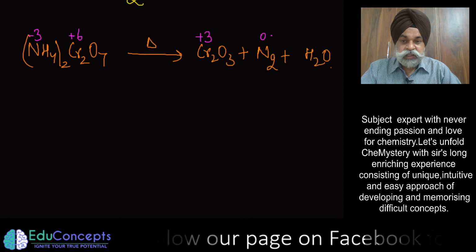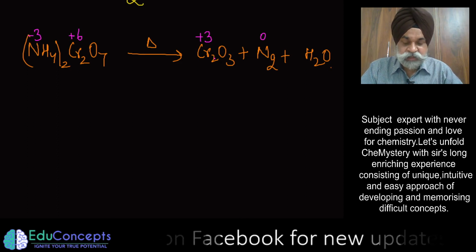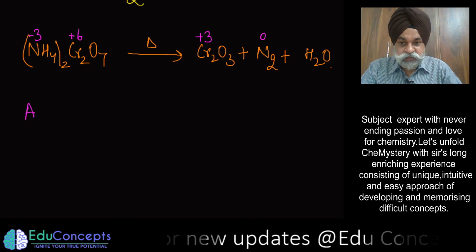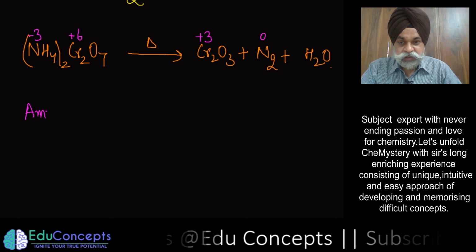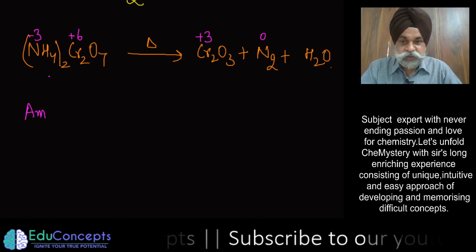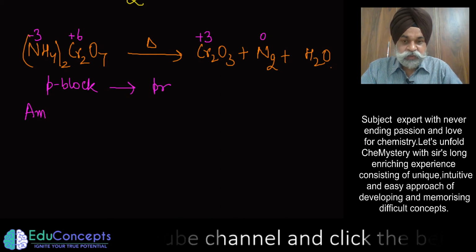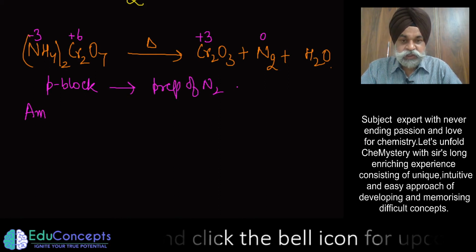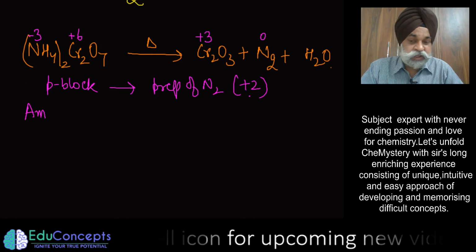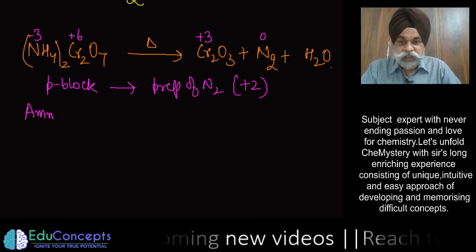This is the case. Now here you have to understand one aspect. This particular topic you would get in the chapter of P block while discussing the preparation of nitrogen. So this is in your +2 syllabus, so it is quite an important one.